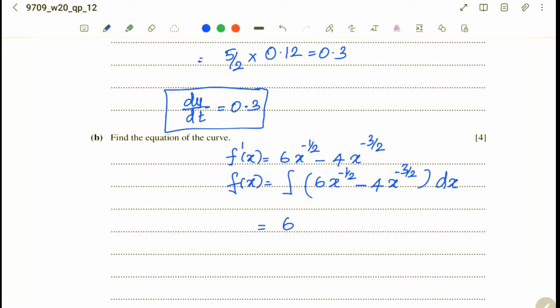So 6x power minus 1/2 plus 1 gives 1/2, divided by 1/2, minus 4 multiplied by x power minus 3/2 plus 1 gives minus 1/2, divided by minus 1/2, plus the constant c.